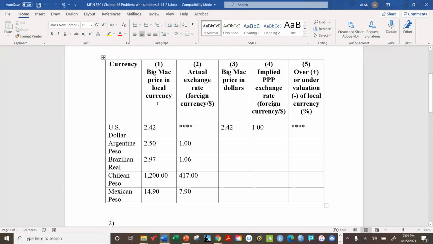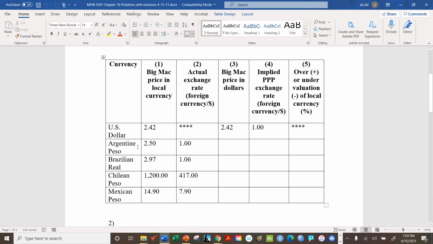Okay, so in the first two columns, you're given the Big Mac price in the local currency. So for example, it costs $2.42 in the US. It costs 2.5 Argentine pesos, 2.9 Brazilian real, 1,200 Chilean pesos, and 1490 Mexican pesos. Now, the exchange rate here is so many units of foreign currency per dollar.